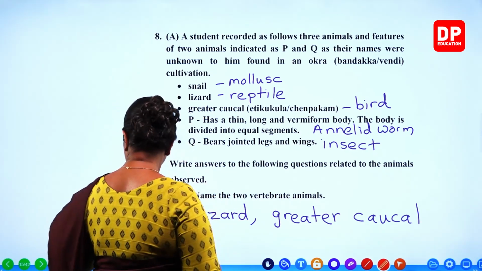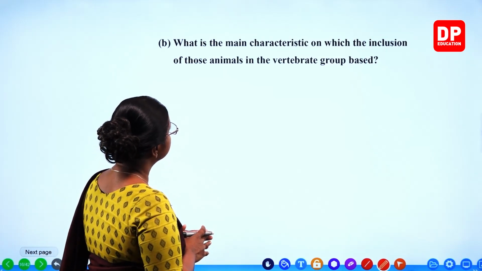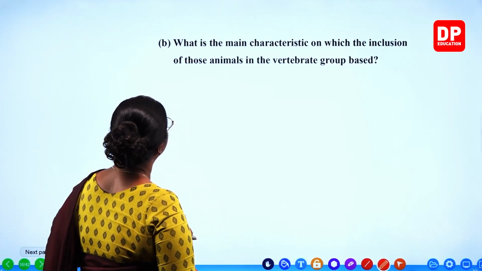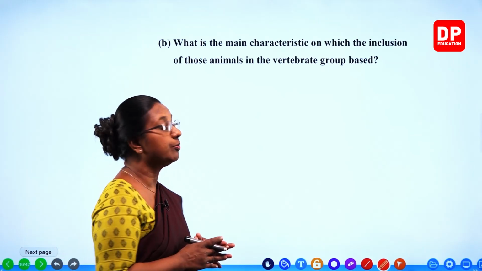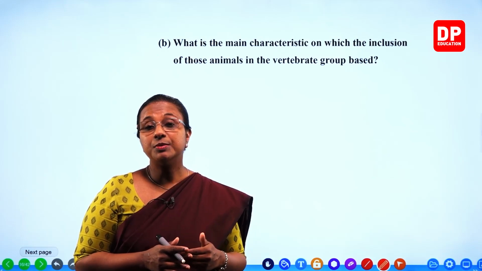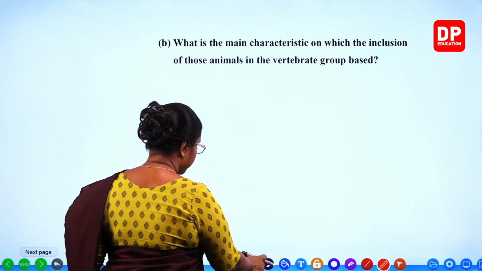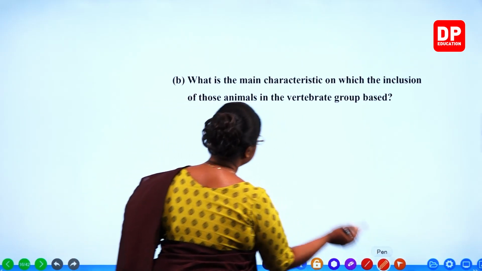Then if I move on to the next one, what is the main characteristic on which the inclusion of those animals in the vertebrate group is based? So how did we put them there?